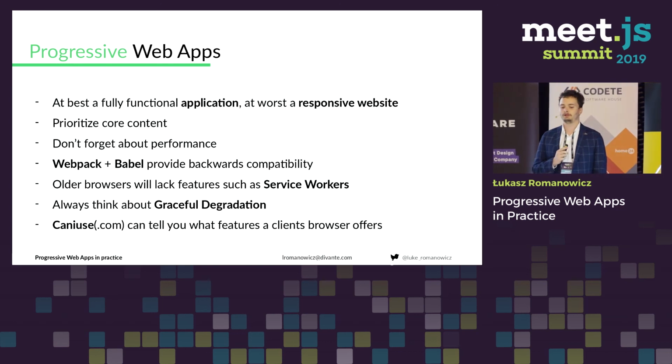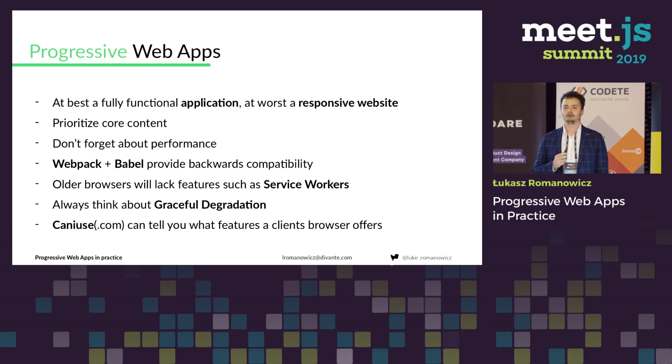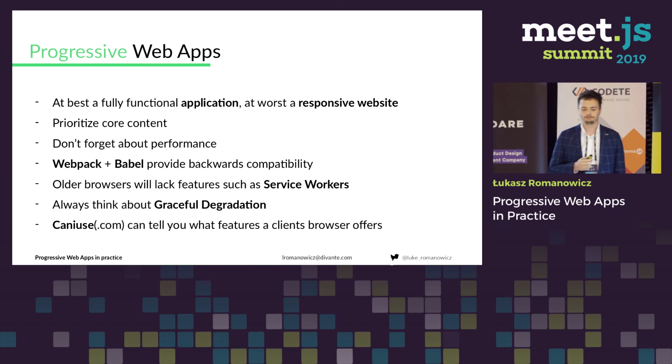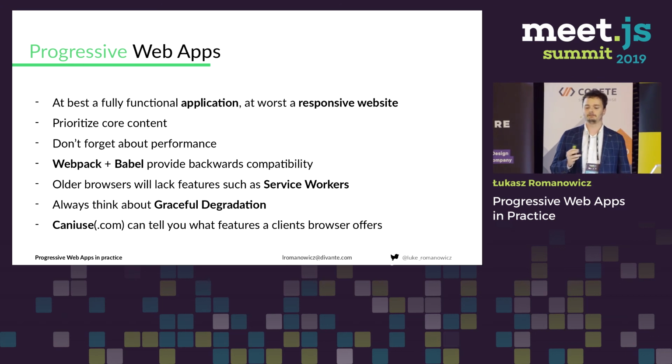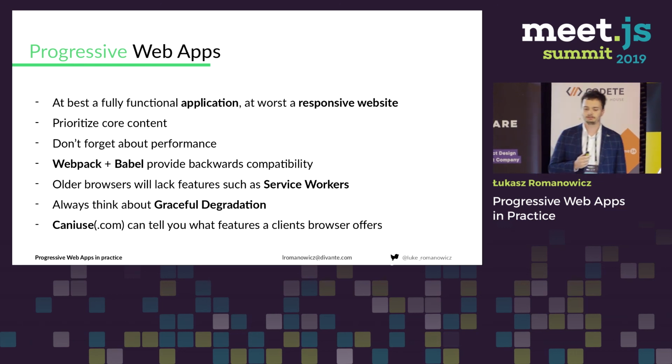And you have to remember about prioritizing the core content. And you have to keep in mind that performance is crucial for the application. Doesn't matter if it's PWA or not, but in case of mobile native-like applications, performance is especially a key part of the application.